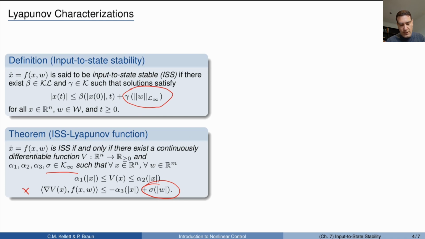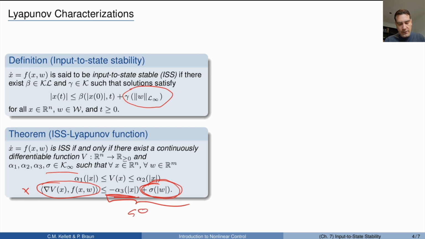if we have the disturbance bounded, then this signal here will be bounded. If x is large, or the norm of x is large, then this term here will dominate, and our Lyapunov function needs to decrease, meaning this expression here needs to be less than 0.